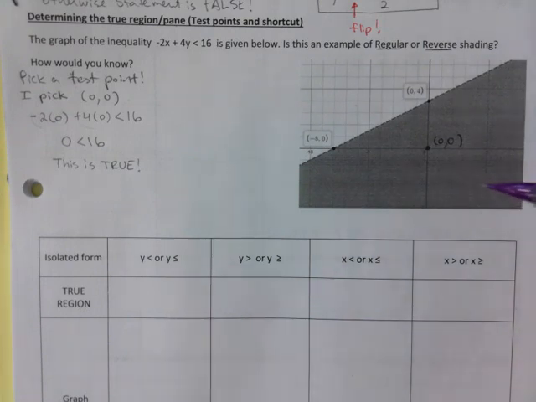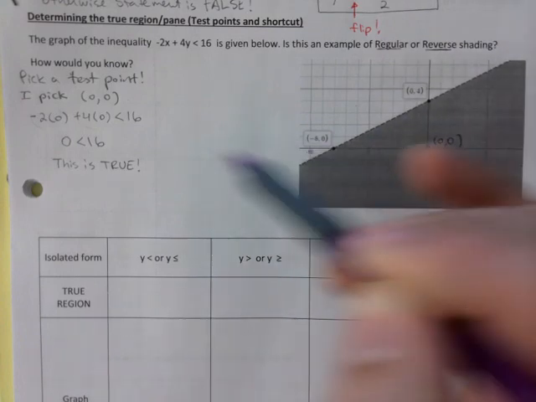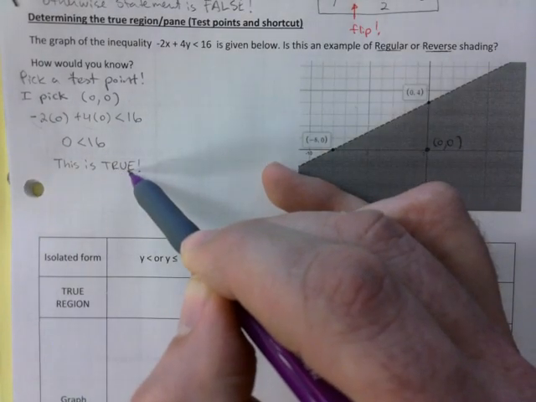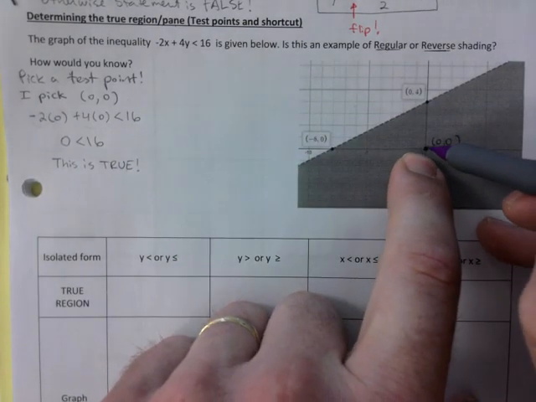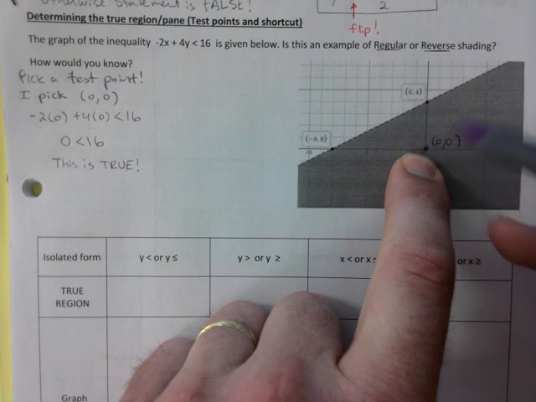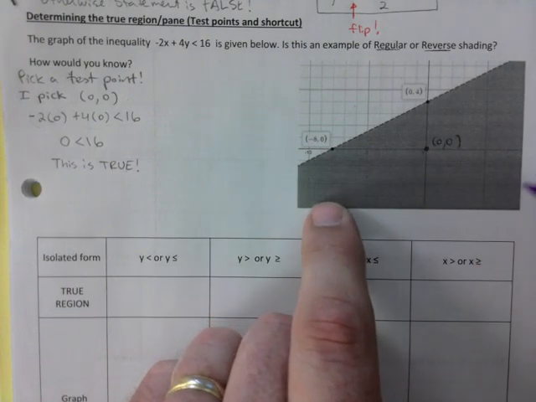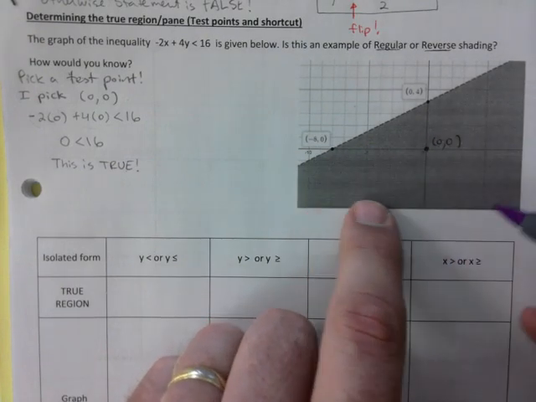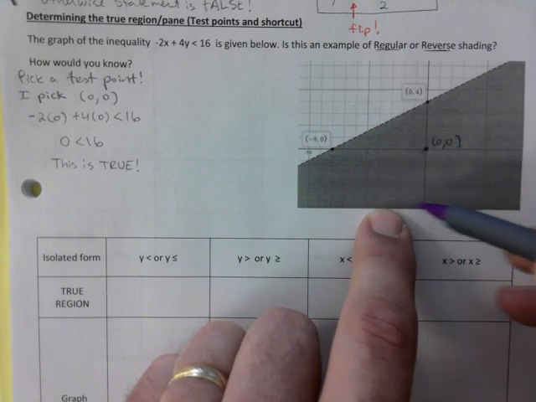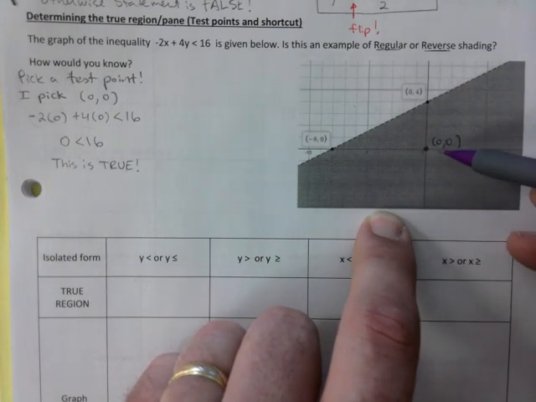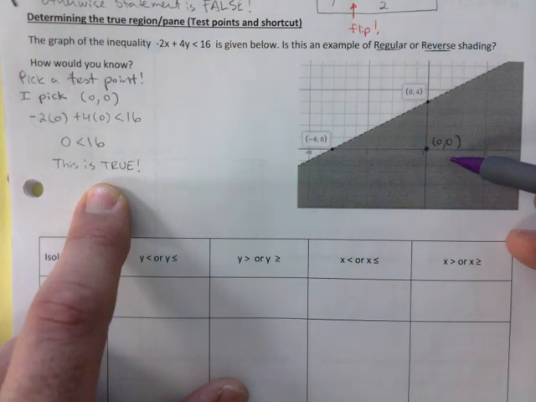So follow my logic here, guys. If this point is in the shaded region, and I just figured out that it is true, right? This point right here is true. I can now conclude that the shaded region, everything in here, is true. You just have to pick one point in here. You plug it in and see if it's true or false.